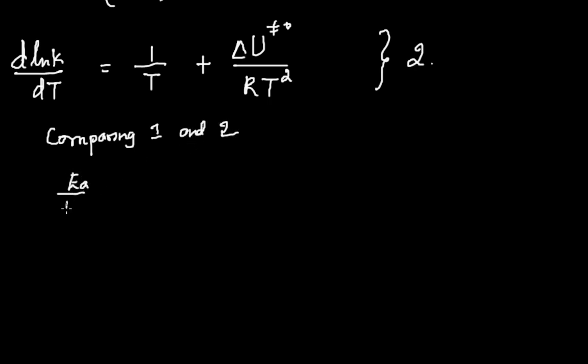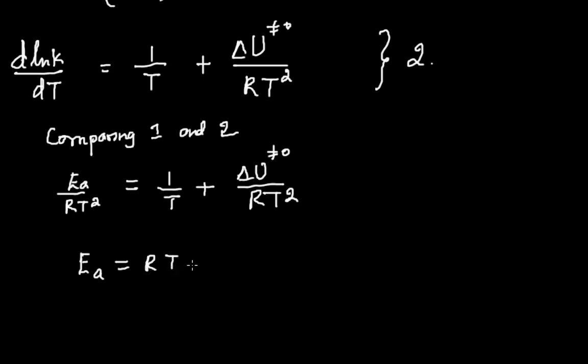EA divided by RT squared will be equal to 1 by T plus delta U divided by RT squared. Okay, so what will be the expression for EA? EA is equal to RT plus delta U naught. Okay, and therefore delta U naught will be equal to EA minus RT. So this is your expression.